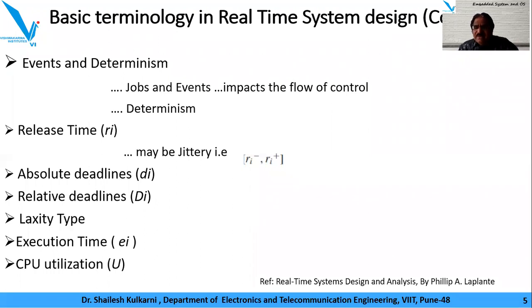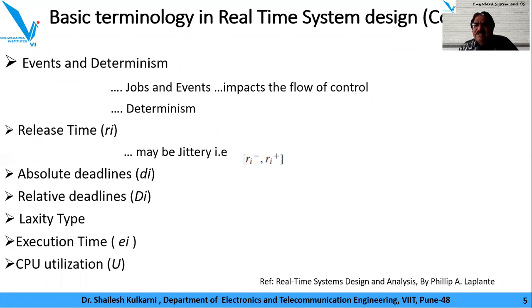Whenever a job or event is ready to execute on the underlying processor with all its necessary resources grabbed, please mark my words, the time at which this job starts executing on the CPU is referred to as the release time of that job. It is the instant at which the job or event actually gets executed on the underlying CPU.